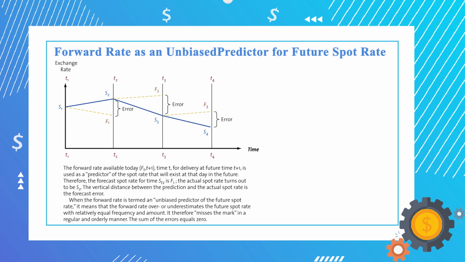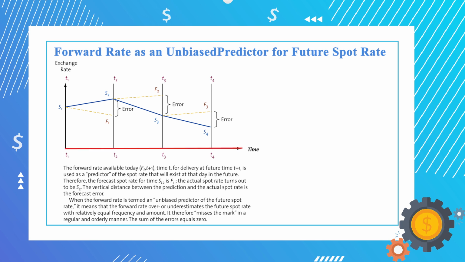This picture shows the forward rate as an unbiased predictor of the future spot rate. That's to say, if the foreign exchange markets are thought to be efficient, then the forward rate should be an unbiased predictor of the future spot rate.